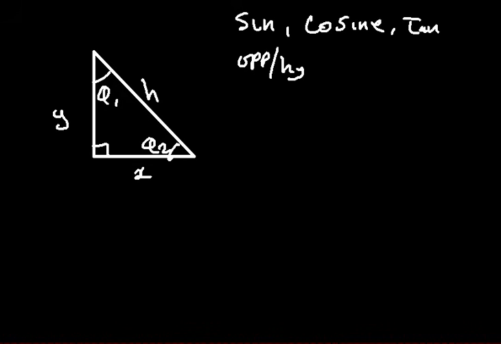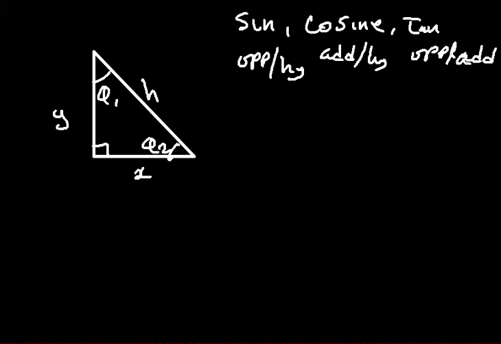Cosine is associated with the adjacent side versus the hypotenuse. And tan is associated with the opposite as well as the adjacent.